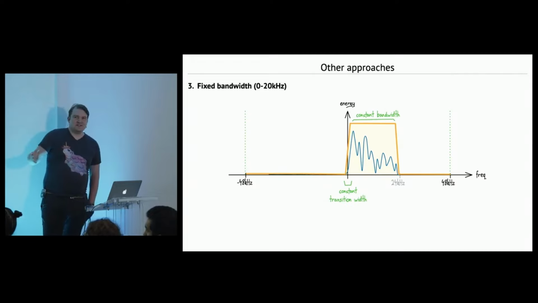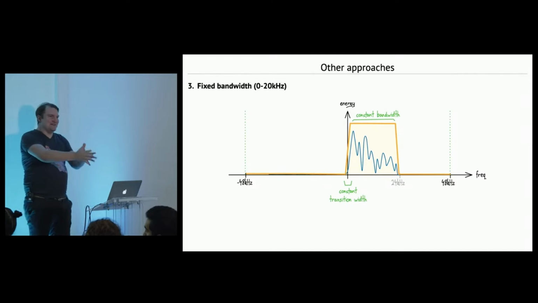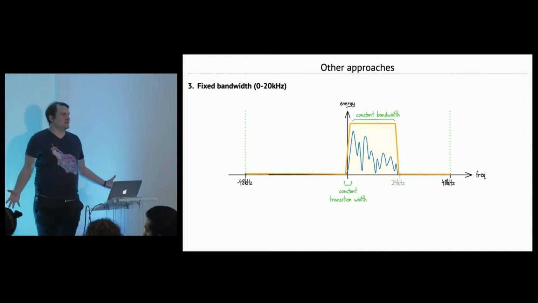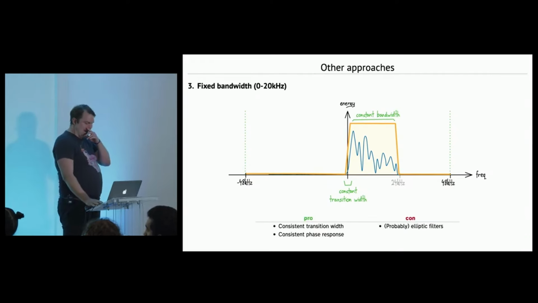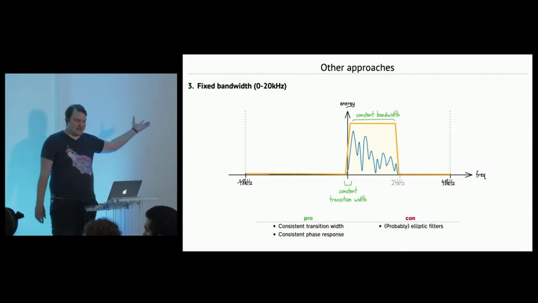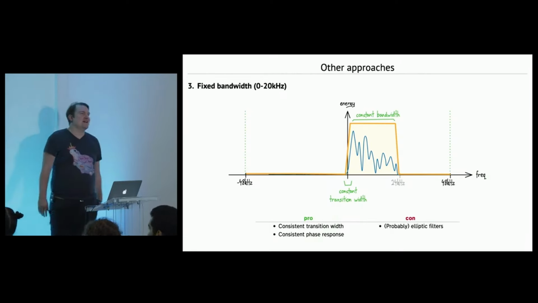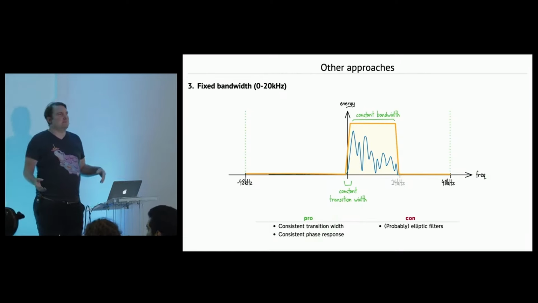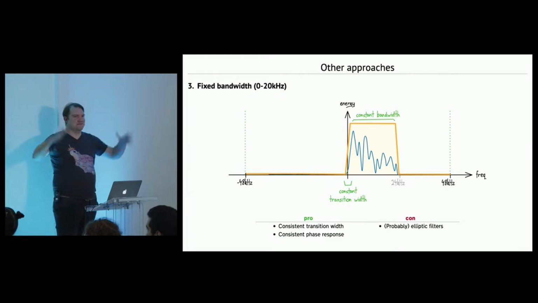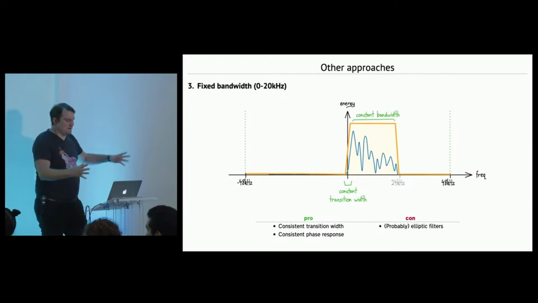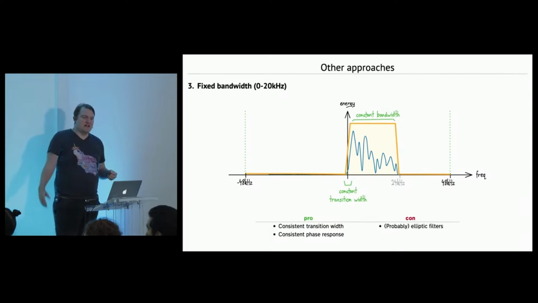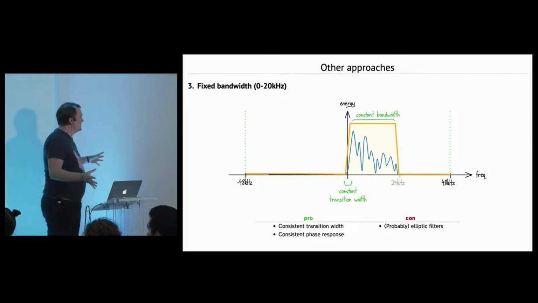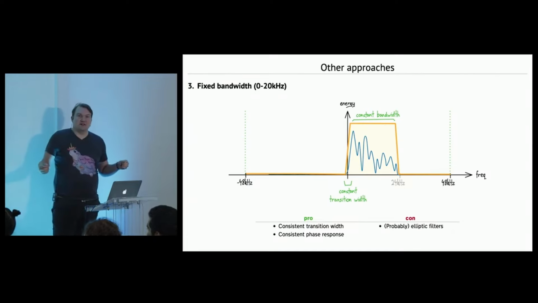So our transition band, which is the bad bit near 0, is also constant, regardless of sample rate. So the pros of that: consistent transition width, and the phase response varies a little bit because of the bilinear transform, but it's much more consistent than the other approaches. You probably still want elliptic filters when you're doing this, but honestly, it's not a deal breaker.